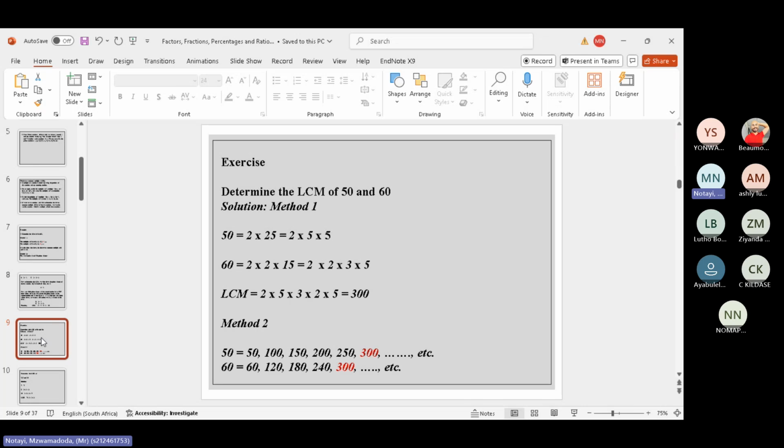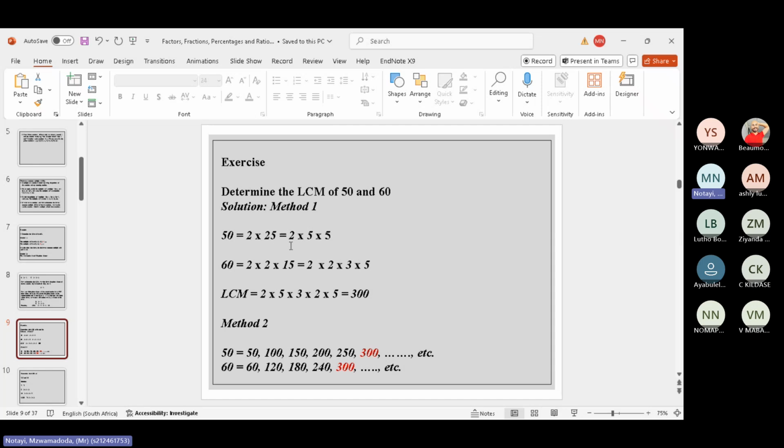Determine the LCM of 50 and 60. Solution: this is actually the second method, the one of listing prime factors. 50 is equal to 2 times 25, and 25 can also be written in prime factors as 5 multiplied by 5.